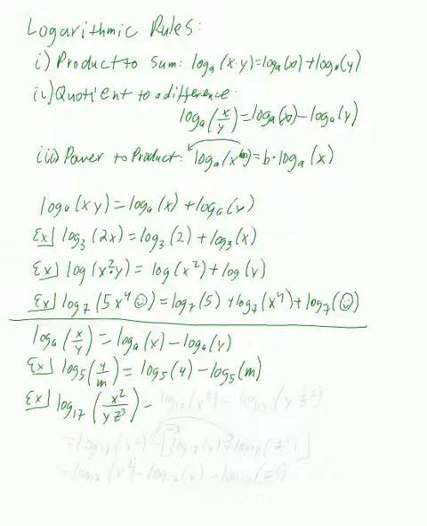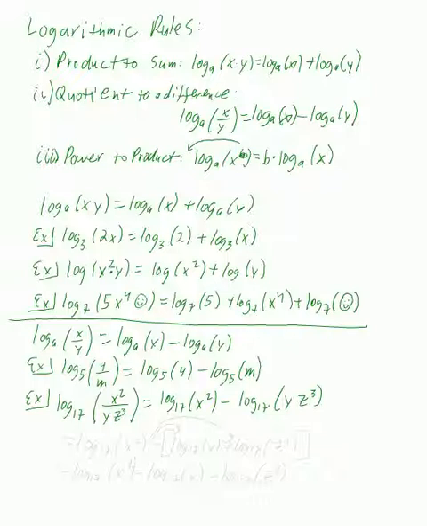The general rule is, if it's in the denominator, it's going to have a minus in front of it. So this will break down into log base 17 of x squared minus log base 17 of y z to the third.